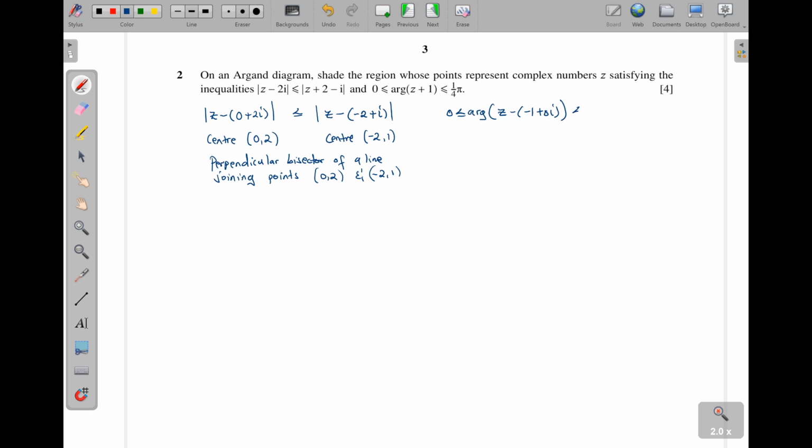So then less than or equal to pi over 4. So meaning here we are going to draw a half line from -1, 0, at an angle of pi over 4 or 45 degrees to the horizontal.